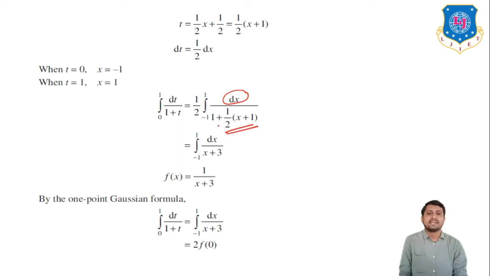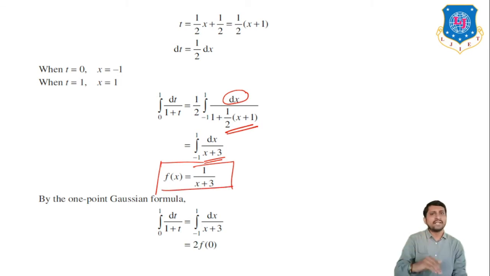Simple calculation, take the LCM. In the denominator, 2 plus x plus 1, so finally you will get x plus 3, and 2 will be on the numerator, so 2 will be cancelled. So finally you will get the integration from minus 1 to 1 dx upon x plus 3. So now your f of x is 1 upon x plus 3.